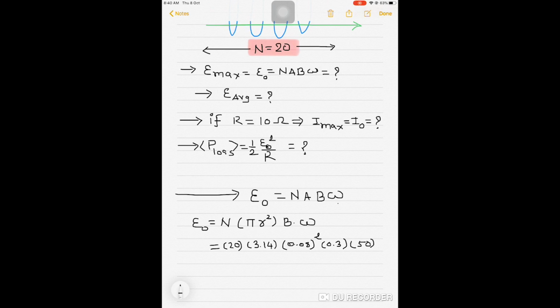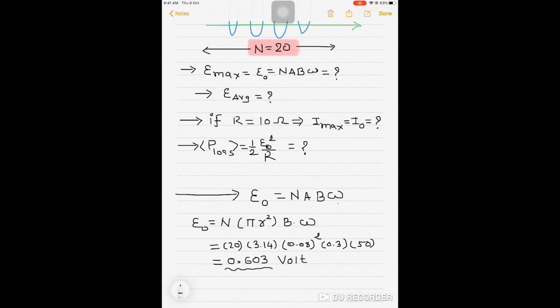If we put in all the given values, the result is 0.603 volt. So this is the overall maximum EMF in the given circuit.